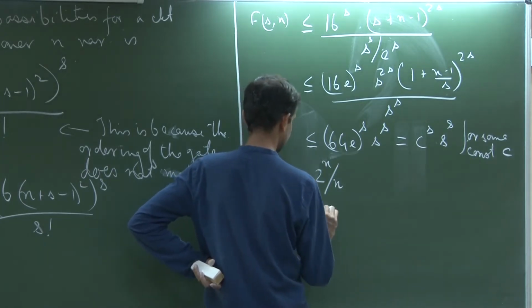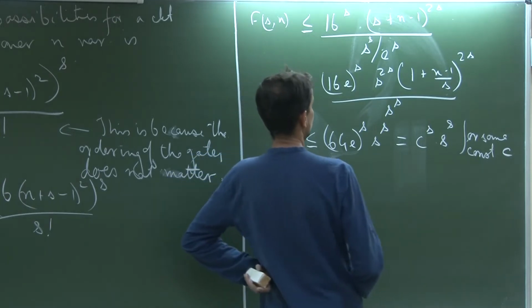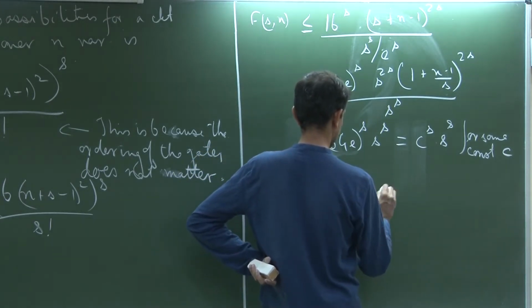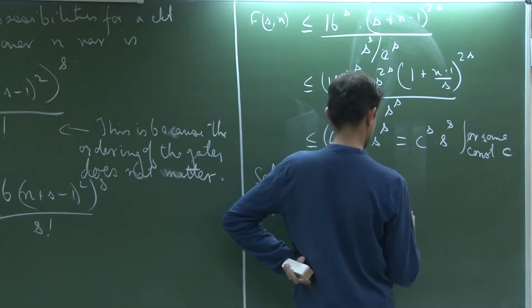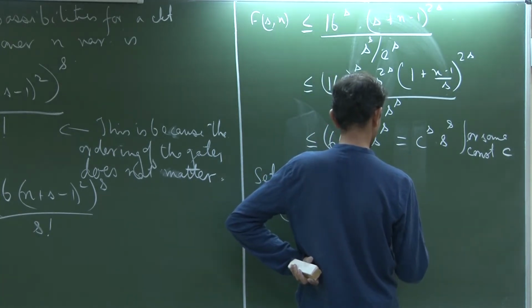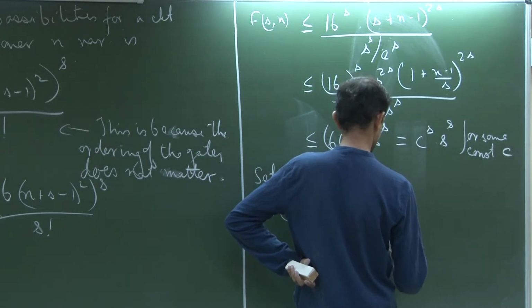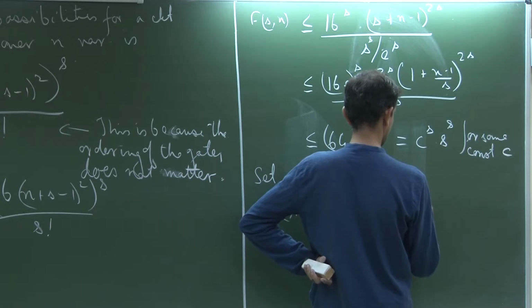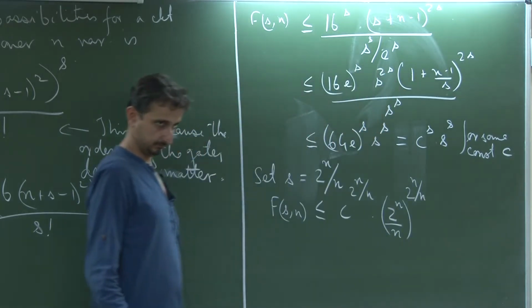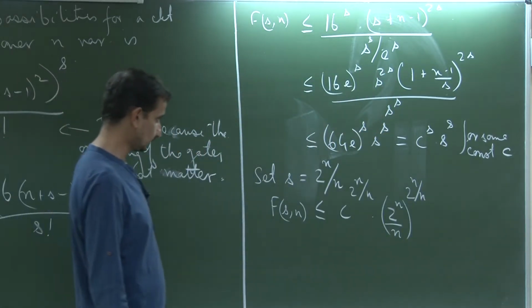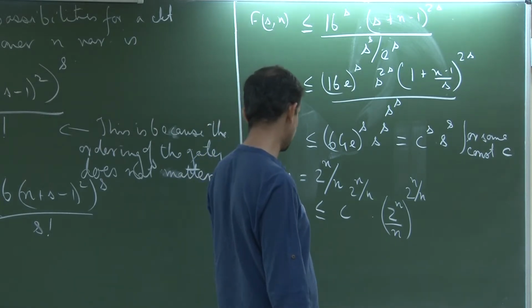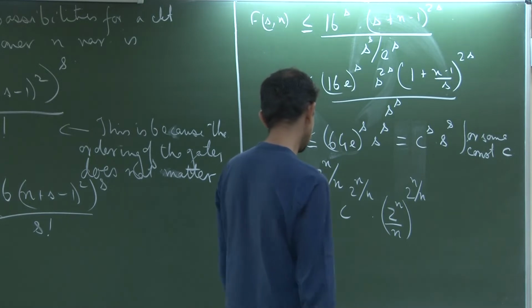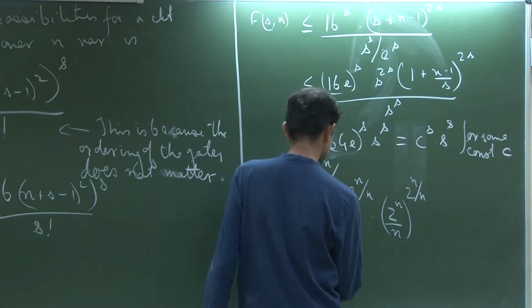So, we will set s as this, and now let us see what this quantity becomes. F s of n is c to the power 2 to the power n over n, times (2 to the power n by n) whole to the power 2 to the power n by n. How can we write this?